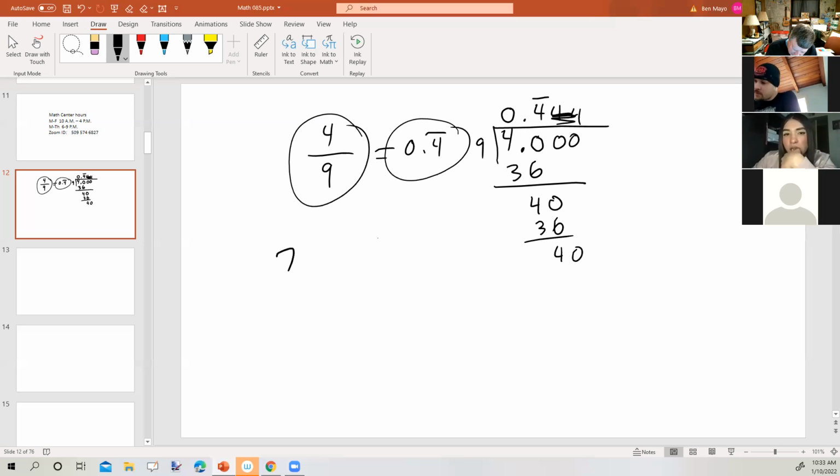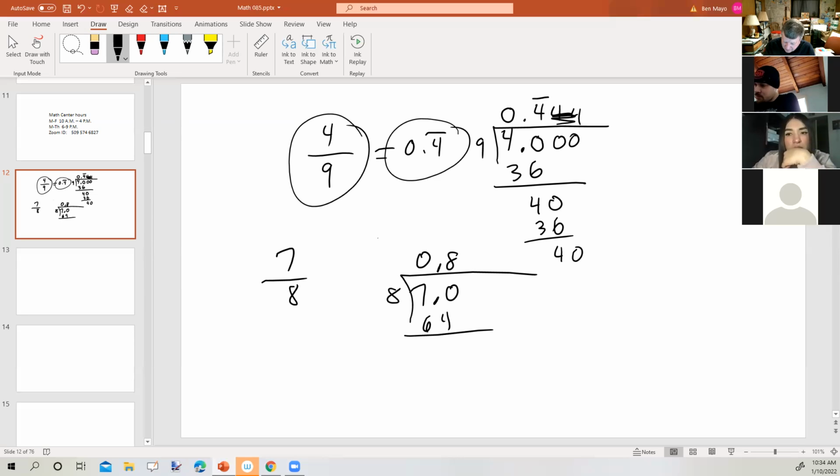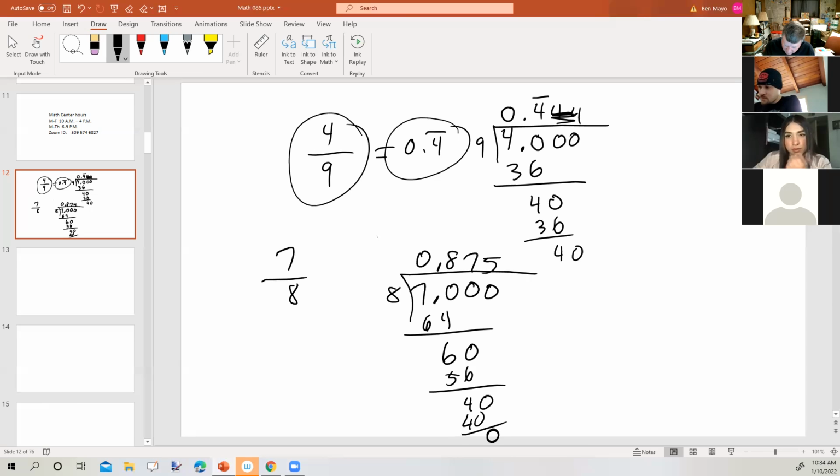Let's say we've got 7/8, okay? So 7 divided by 8, there's an implied decimal point to the right of the 7, we bring it straight up. 8 doesn't go into 7. 8 does go into 70, so we add a 0. 8 times 8 is 64. 70 minus 64 is 6. 8 doesn't go into 6, so we keep adding a 0. 8 times what? 8 times 7 is 56. 60 minus 56 is 4. 8 doesn't go into 4, so we add a 0. 8 times 5 is 40, so we come out with 0 remainder.